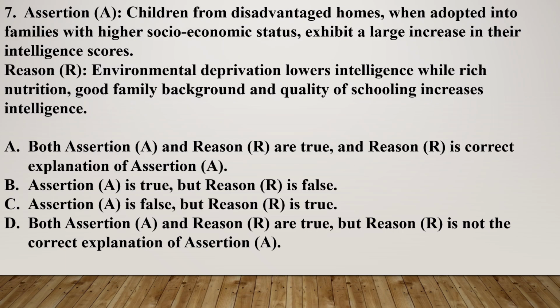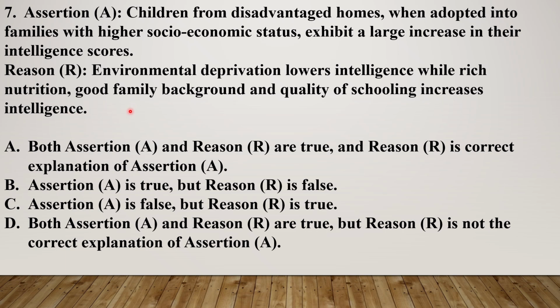Question number 7. Assertion: children from disadvantaged homes, when adopted into families with higher socioeconomic status, exhibit a large increase in their intelligence score. This is true, and this is given under the heading of nature and nurture. The reason is: environmental deprivation lowers intelligence, while rich nutrition, good family background, and quality of schooling increase intelligence.